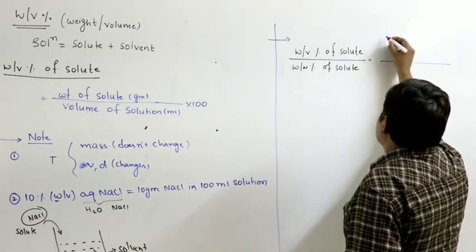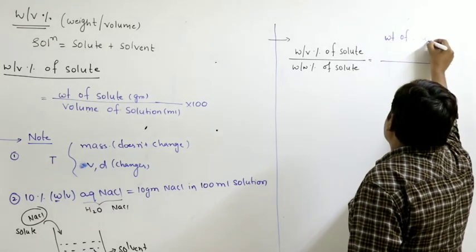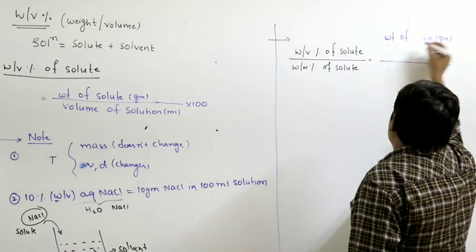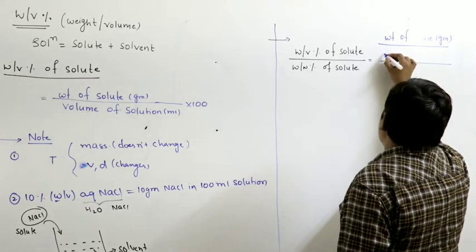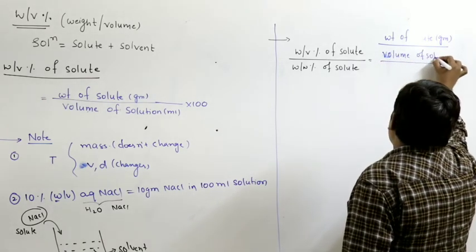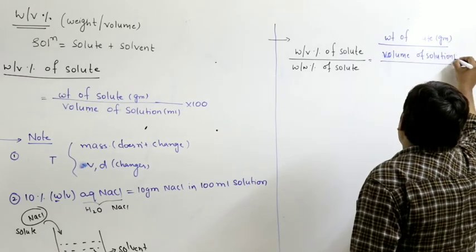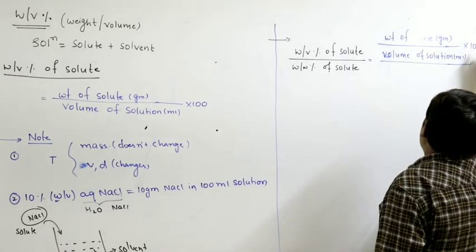What is weight by volume percentage of solute? Weight of solute in grams by volume of solution in ml into 100.